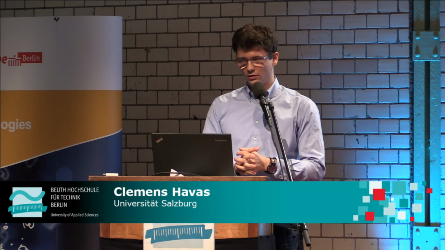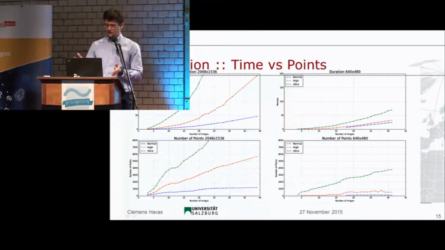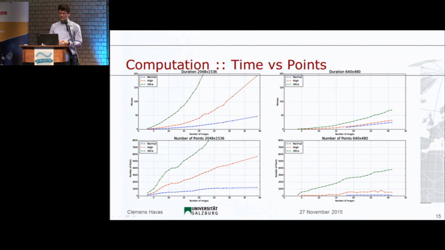This was the output of our first experiment when we changed the number of images as well as the settings. There you can see that the y-axis at the top is in minutes, and the bottom graphs are in number of points, the y-axis. And the x-axis is always the number of images.